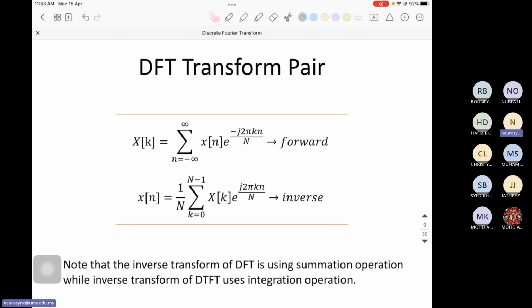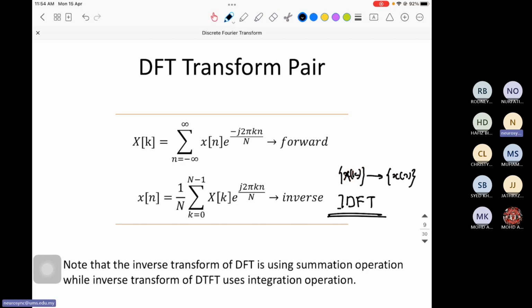We also have the inverse discrete Fourier transform, called IDFT. In the inverse discrete Fourier transform, we can get back the signal x of n from capital X of k.